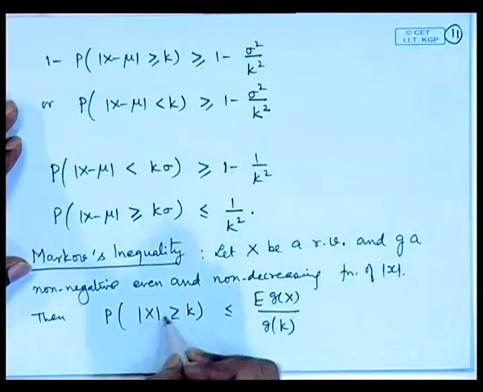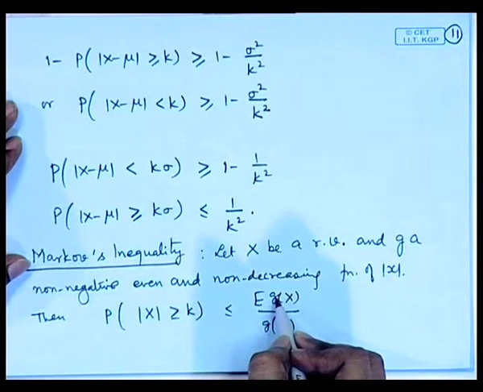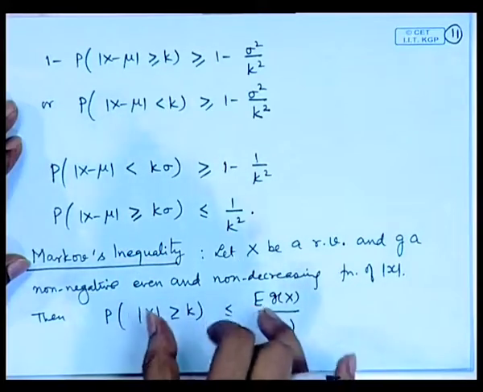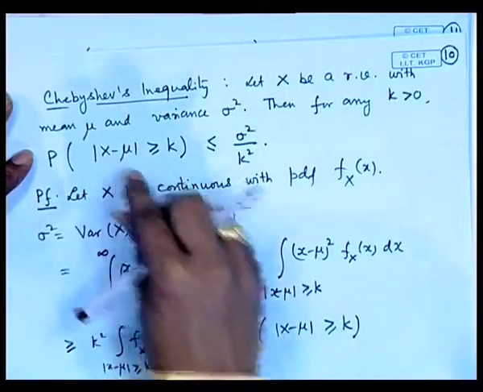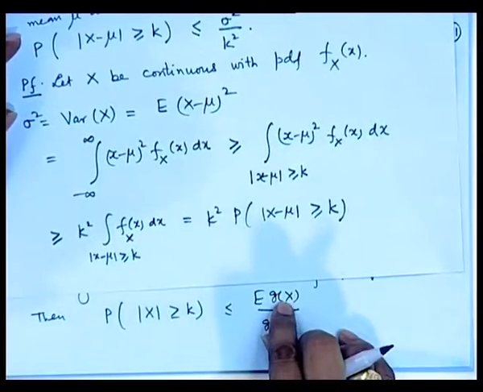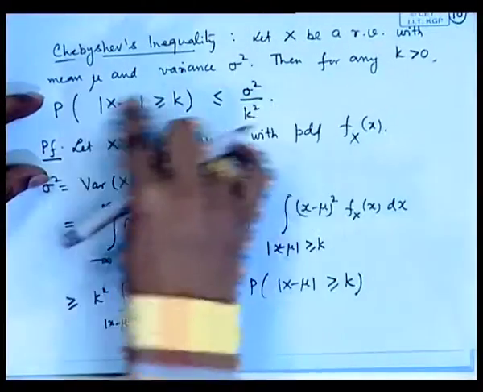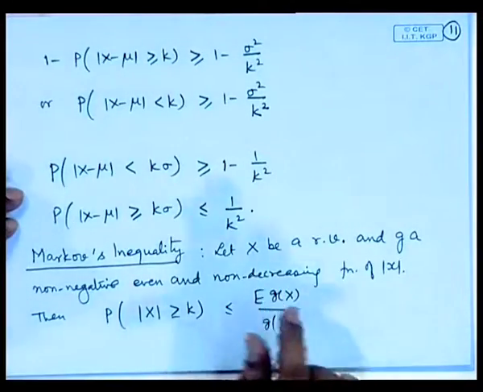You can see that if I replace x by x minus mu and take g as the squared function, that is x square, then this Markov inequality gives the Chebyshev's inequality. So, this is a more general inequality of the same type.